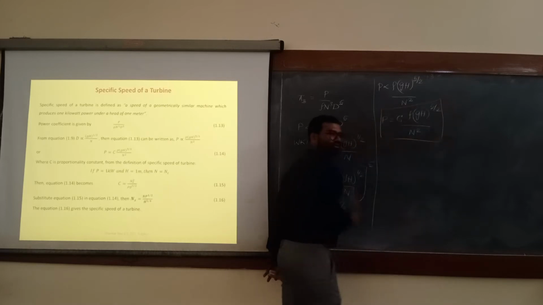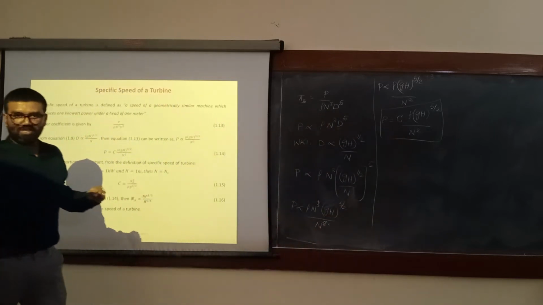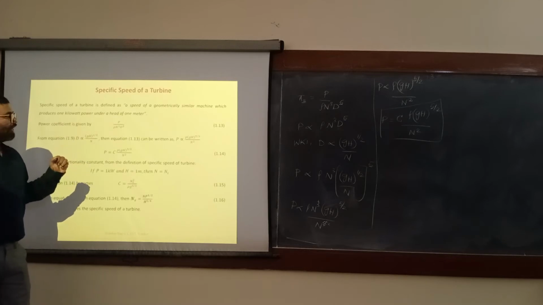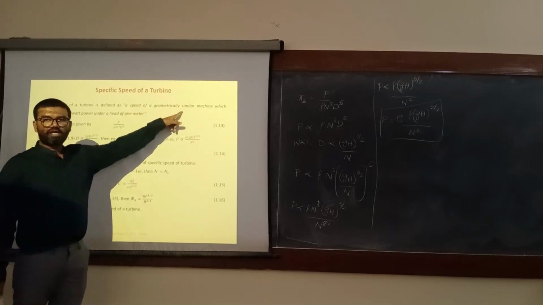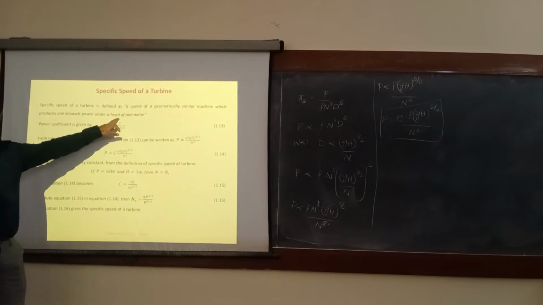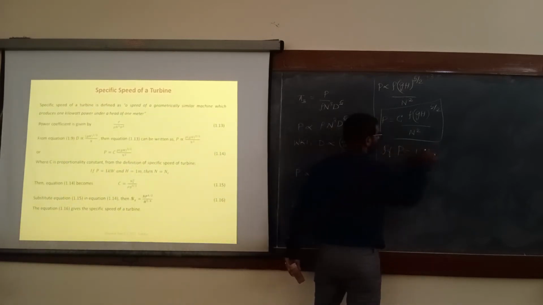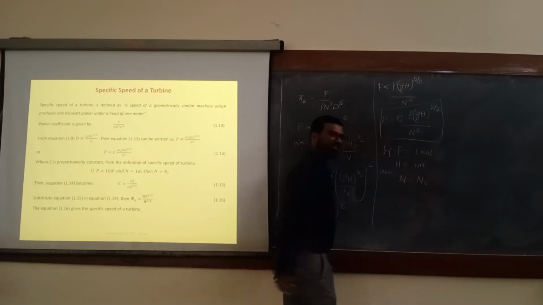Here also we need to get the value of C, which is obtained from the definition of specific speed. What is the definition of specific speed? It is the speed of a geometrically similar machine which produces 1 kilowatt power under a head of 1 meter. That means if power is equal to 1 kilowatt and head is 1 meter, then speed is equal to the specific speed.